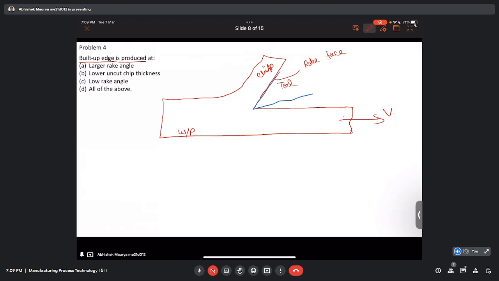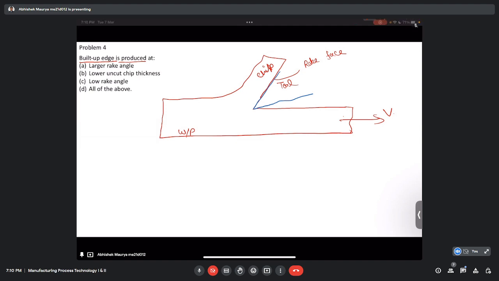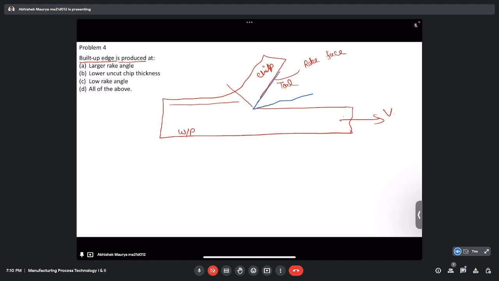If we just focus on the tool tip, the material is coming here, and here we have a shear plane, and it gets deformed across the shear plane. This is the primary deformation zone.